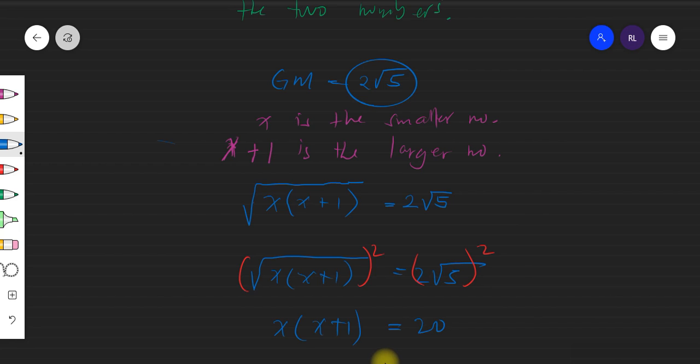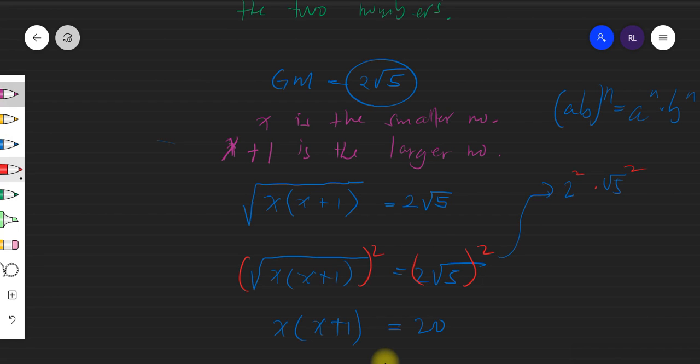What is the logic? Why 20? Is that because of the principle in the exponent, let's say, I'm just going to generalize the exponent: if a times b raised to n, that is equal to a raised to n times b raised to n. So the same principle here, we get 2 squared times the square root of 5, squared.